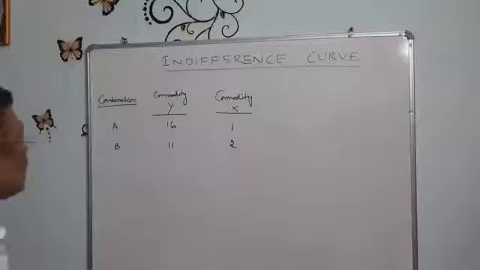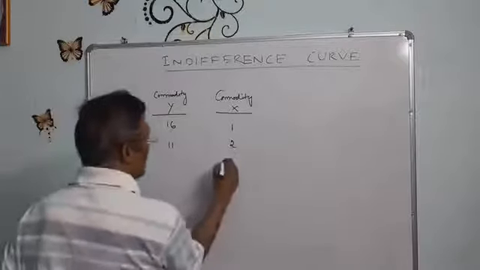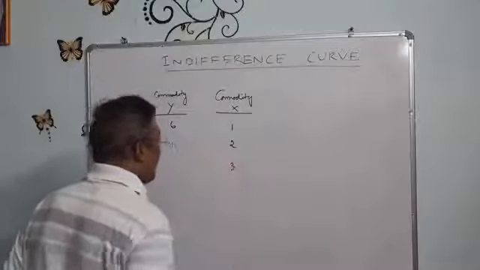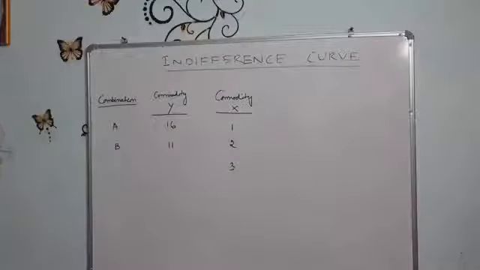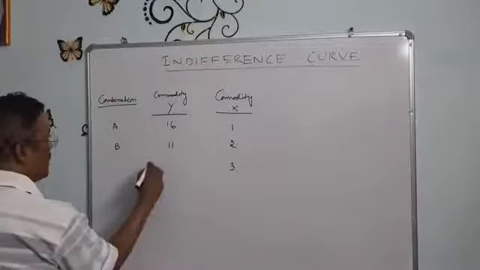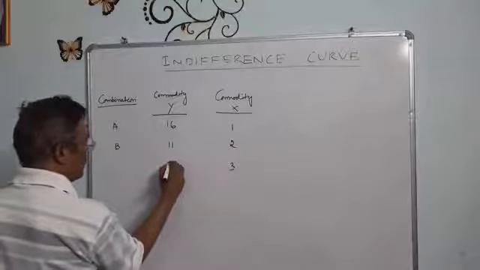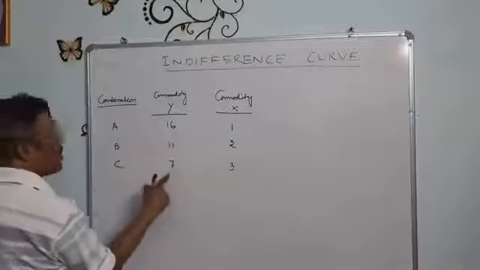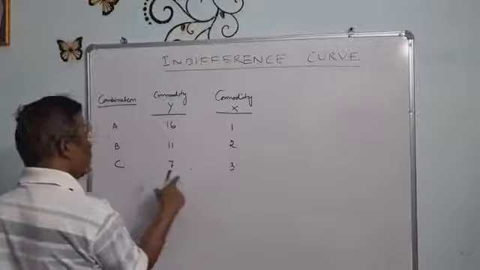Similarly, when we are consuming the third unit of X, then the Y commodity will be 7. See the combination: X commodity 3, Y commodity 7.